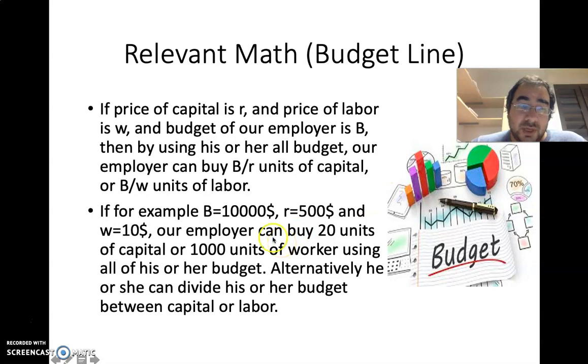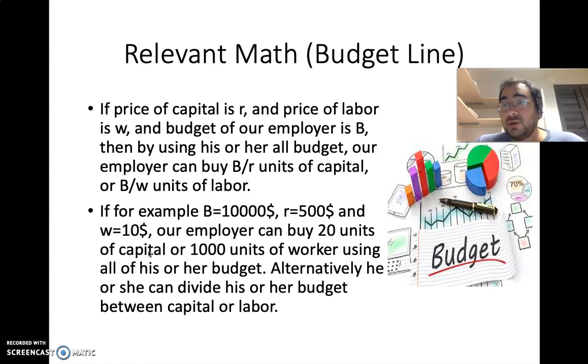The maximum amount of labor you can buy is, if wage is 10, 1,000 divided by 10, which is equal to 1,000. And the slope of your budget line, again, you have labor on the x-axis, shows the different combinations of capital and labor you can have.